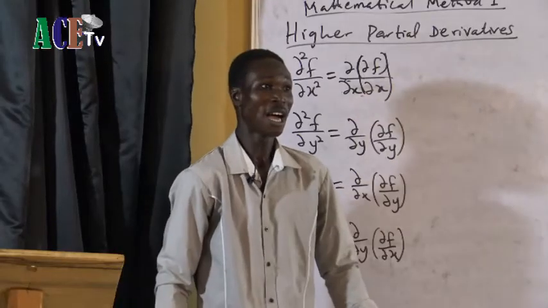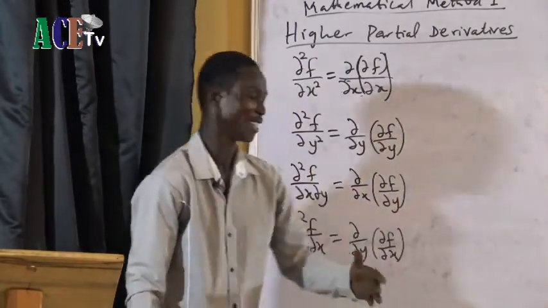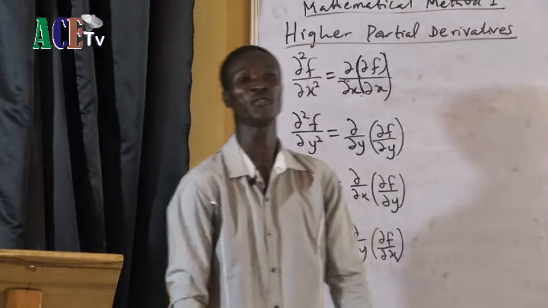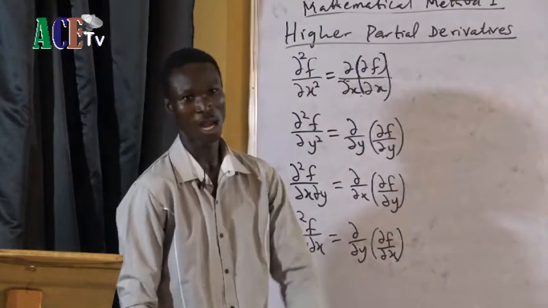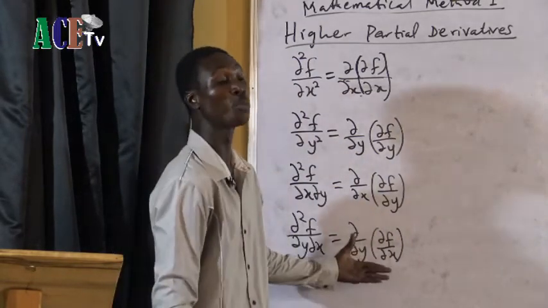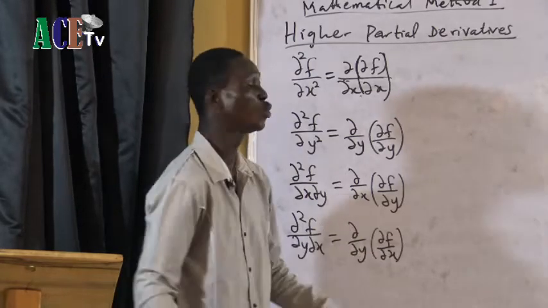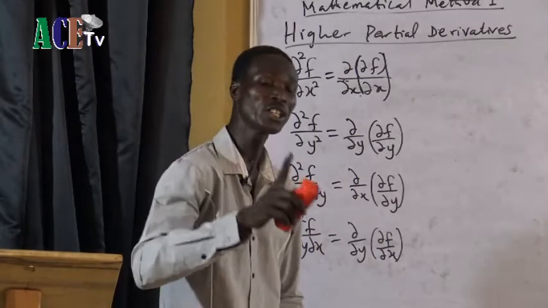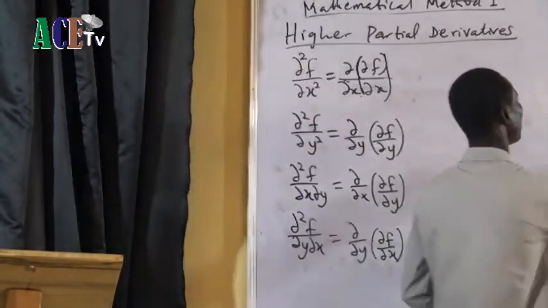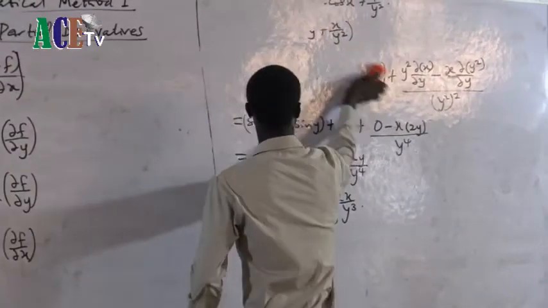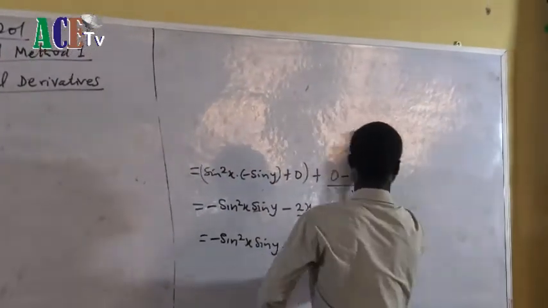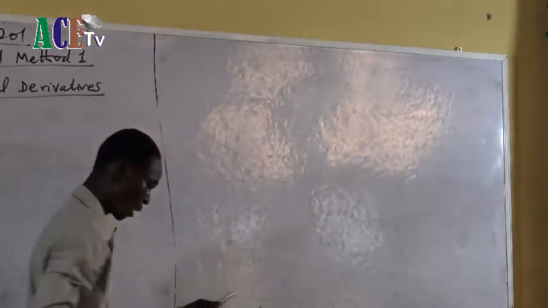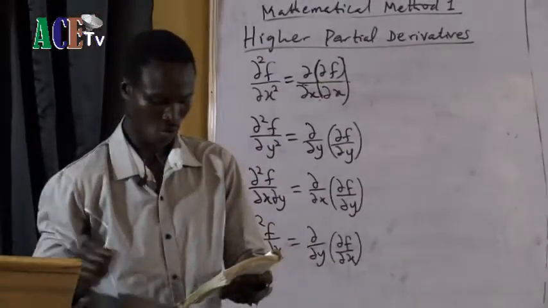In the exam, I will tell you to verify that this is equal to this, given a simple function, and everything will work out. I just want you to show me that the two are equal. Now, let us go to notations in these second derivatives, in these higher derivatives.